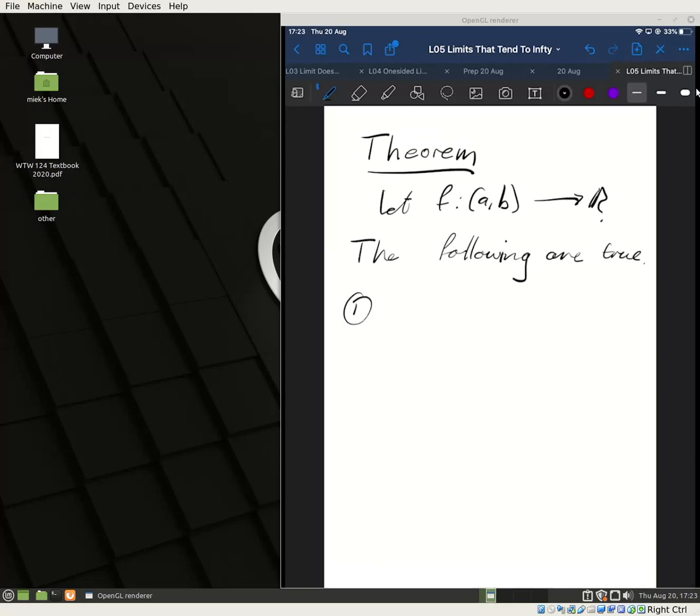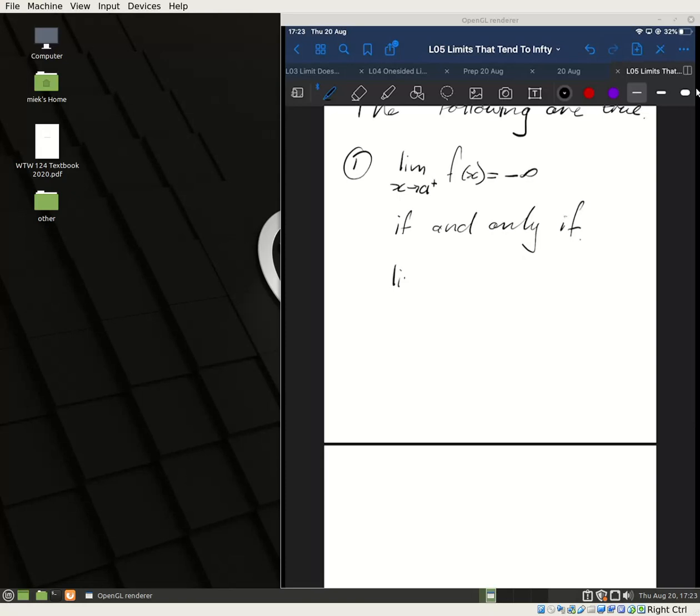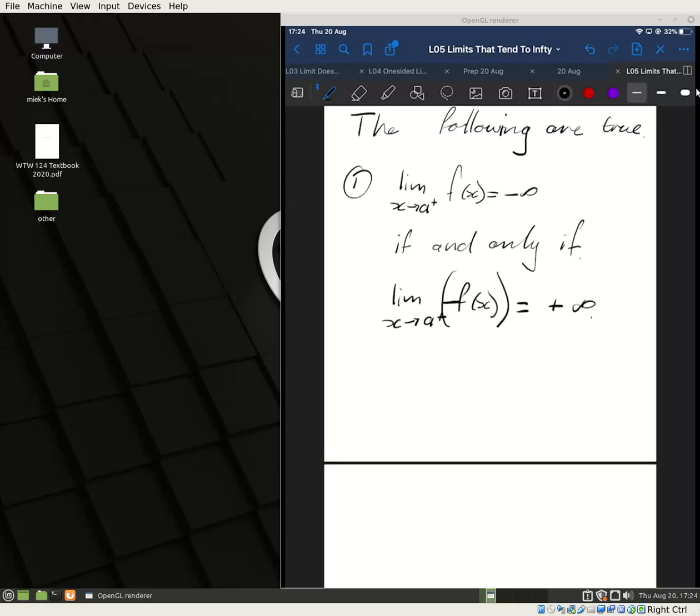So number 1, the limit as x tends to a from the right of f of x is equal to minus infinity if and only if the limit as x tends to a from the right of minus f of x is equal to plus infinity.